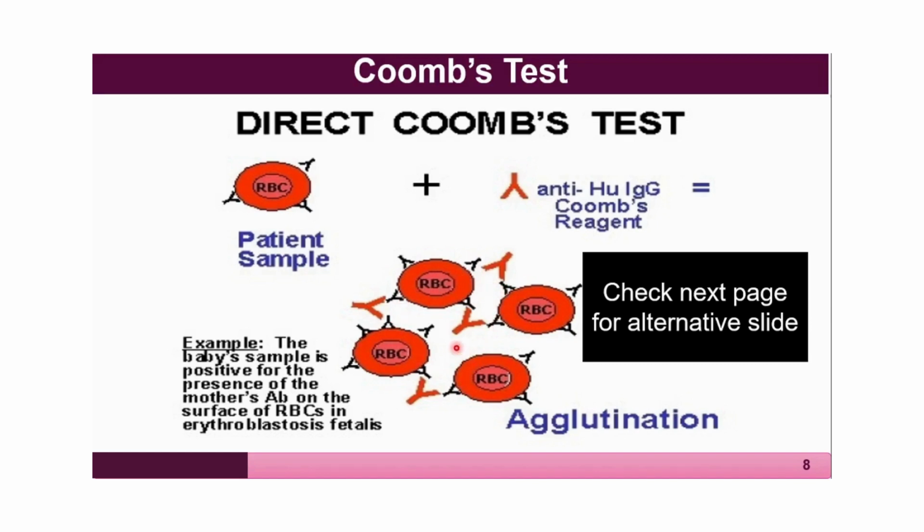That indicates the child is Rh positive, and the child readily had the mother's antibody bound to the RBC, and the child needs extra care because it has already suffered an erythroblastosis fetalis reaction.